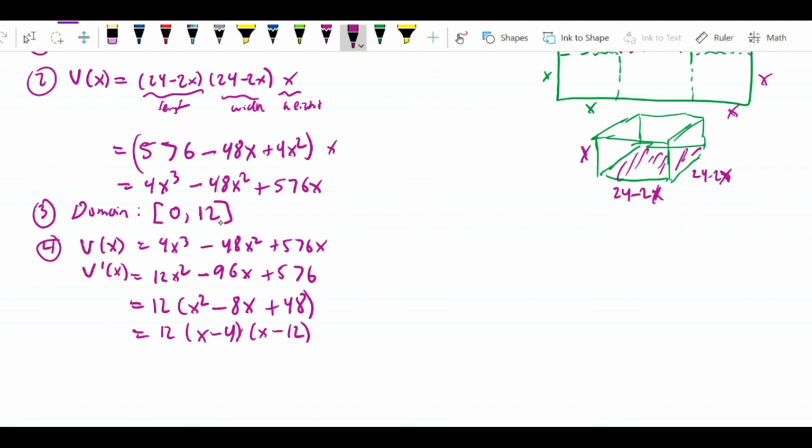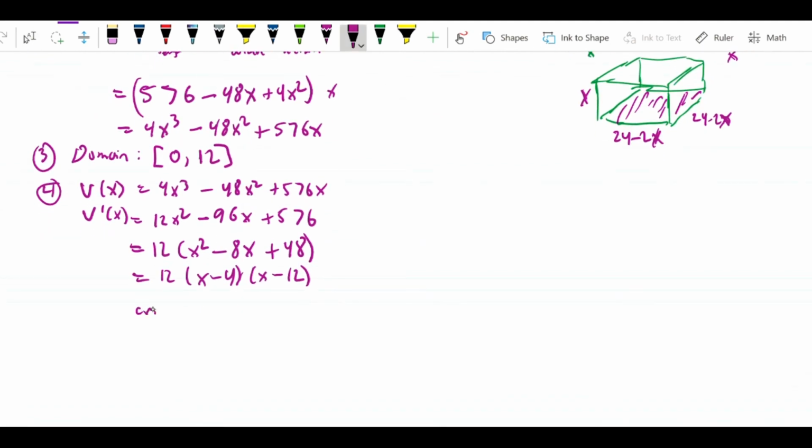We see that 12 is already an endpoint, so the critical point is x equals 4. I'm not even bothering to go through the whole thing of setting V prime equal to 0; I'm looking for places where it's 0. There are clearly no places where it's undefined.